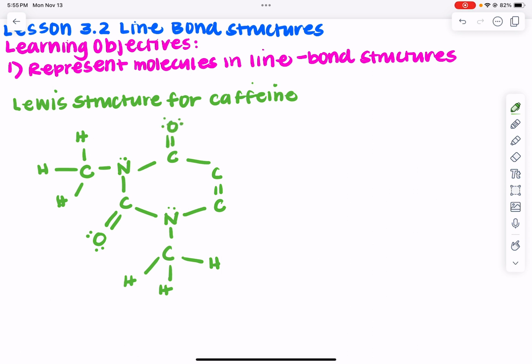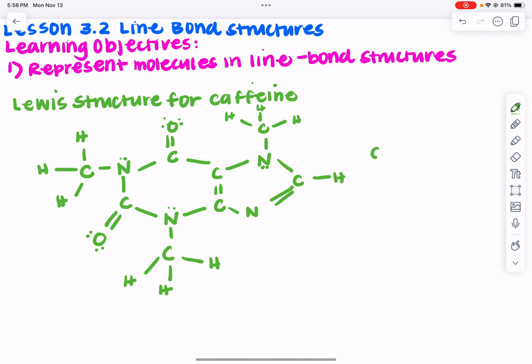Not even done drawing this. This is actually a good indicator of why we use line bond structures, because it takes so long to draw these. Anyways, this is the Lewis structure for caffeine.